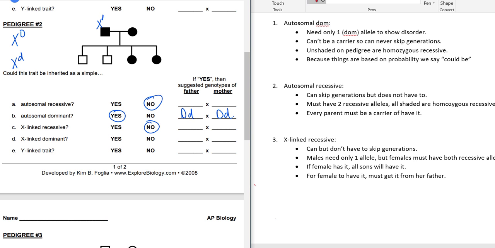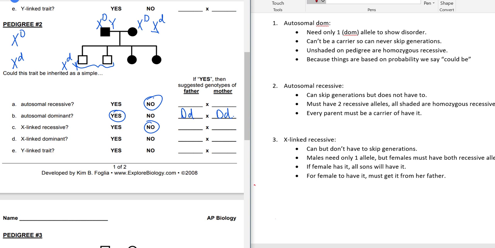So in this scenario, dad is showing the trait or the disorder, so he would have X with a capital D. Mom also would have to have at least one X capital D, and the only way in which these boys would not show the trait is if they are X lowercase d Y. This is a possibility if mom is homozygous, or sorry, heterozygous.